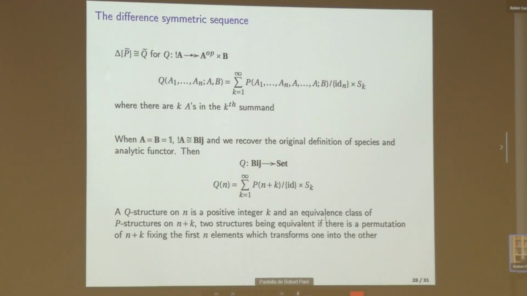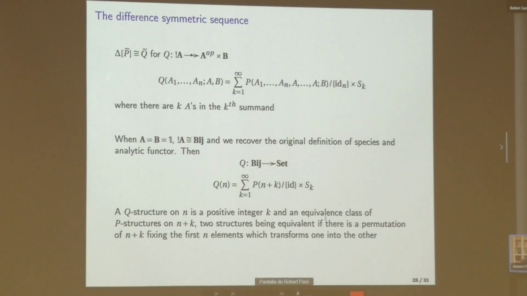Okay, so there are k A's in this summand, in the k-th summand, and S_k acts on those, and then we mod out by those. So that's what the Q is. So when A and B are 1, bang A is just this category of finite cardinals and bijections, and then we recover the original definition of species, an analytic functor, and so now this Q, the new species, we can just write it like this, it's the sum from k equals 1 to infinity of P(n plus k), but then we mod out by the symmetric group on k.